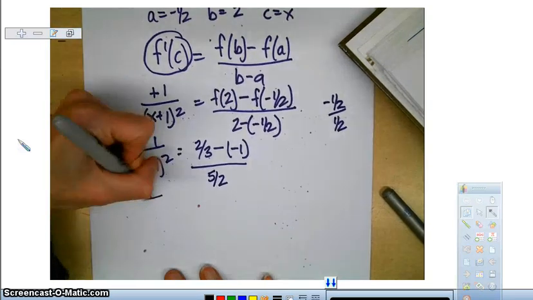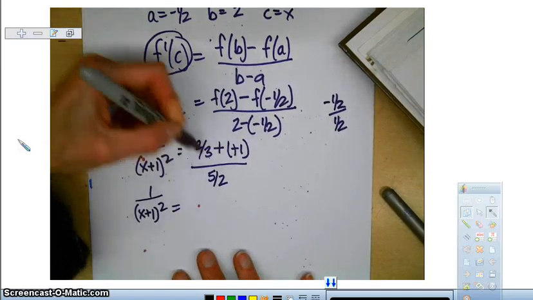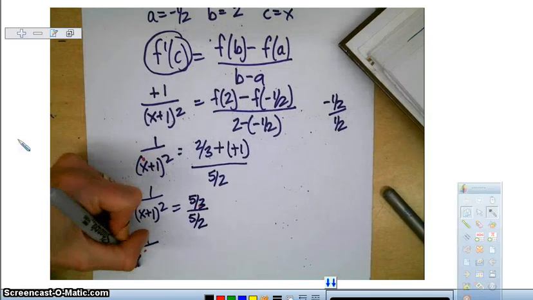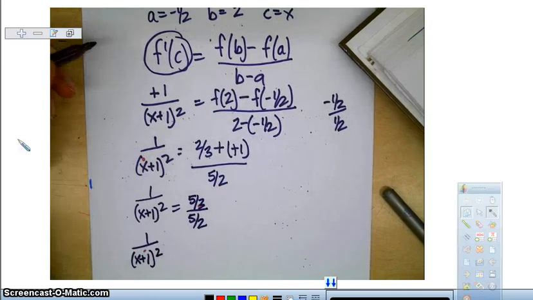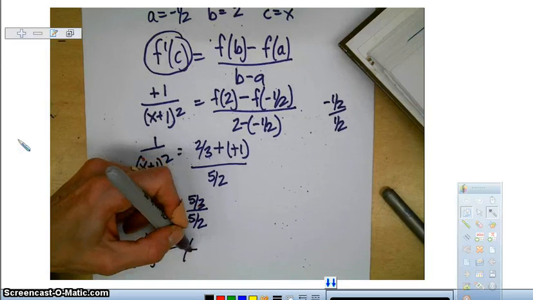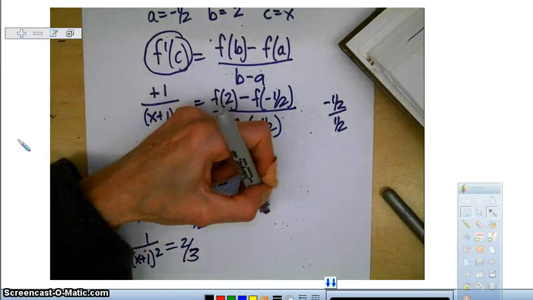So what I have is 1 over x plus 1 quantity squared equals 1 2/3 or 5/3 divided by 5/2. And what's 5/3 divided by 5/2? 2/3. Don't the 5's cancel? Multiply by the reciprocal. 2/3.